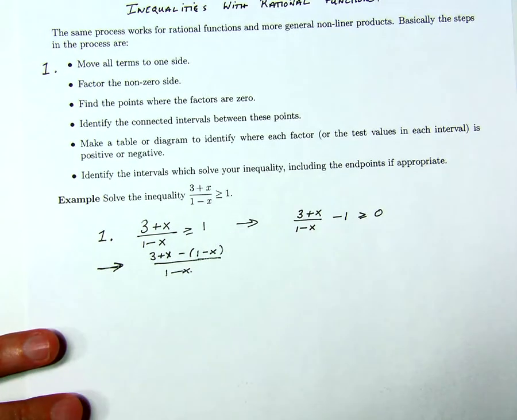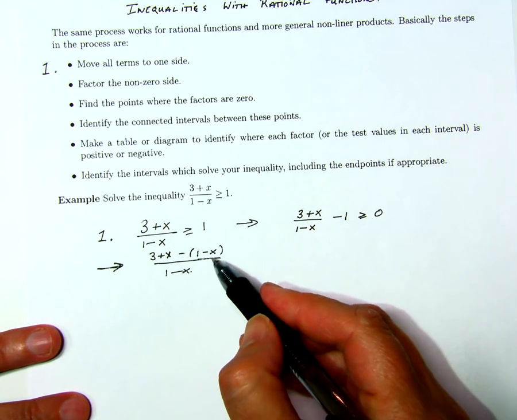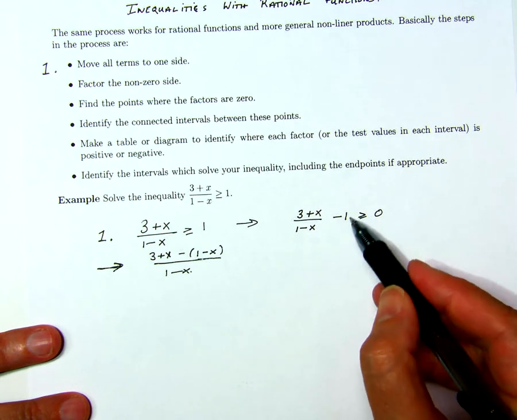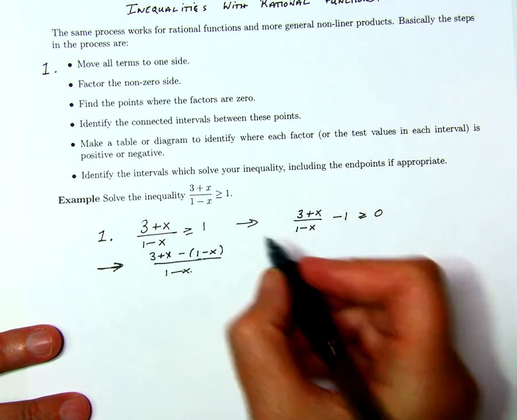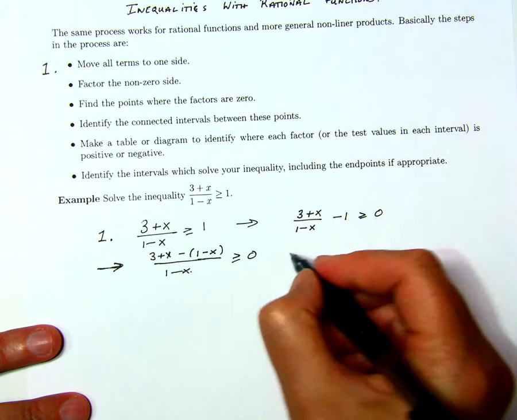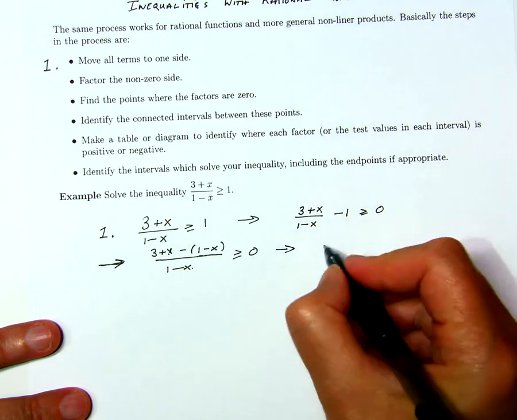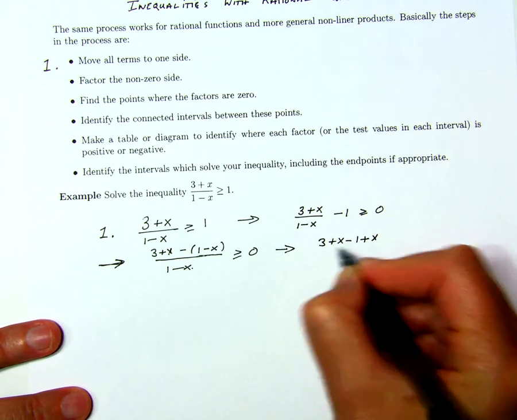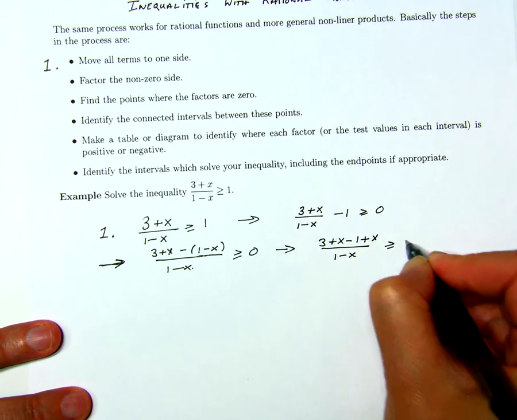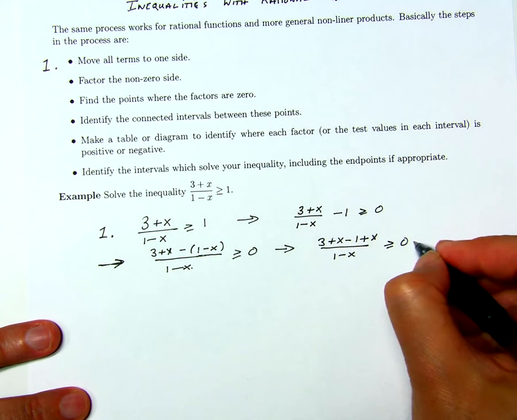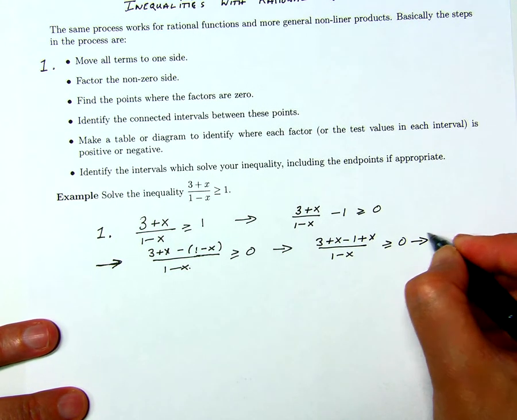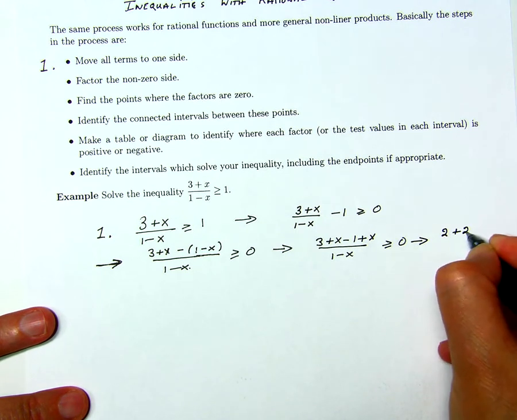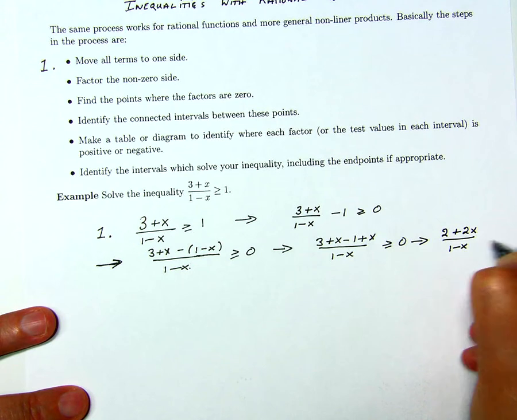So I get that this is 3 plus x minus 1 minus x over 1 minus x. That's just multiplying 1 by 1 minus x here. And now that's truly a rational function on the left. It becomes 3 plus x minus 1 plus x over 1 minus x greater than or equal to 0. And that is the same as saying 3 plus 2x minus 1, so that's 2 plus 2x over 1 minus x greater than or equal to 0.